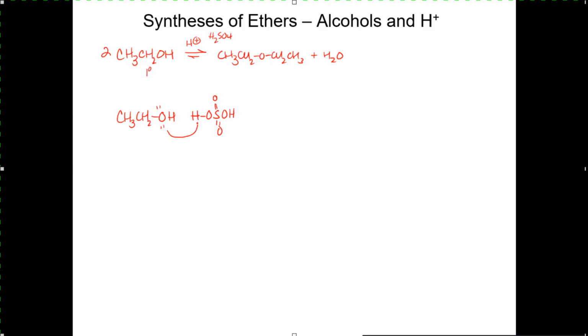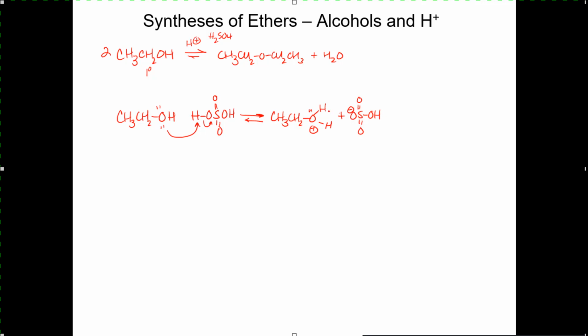I'm going to take my alcohol, protonate it, have this pair of electrons go to the oxygen, and I'm going to write equilibrium arrows in here because this is all subject to an equilibrium. And so I'm going to form my oxonium ion, and then I'm going to end up with my HSO4 minus.